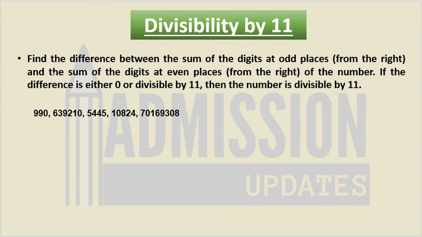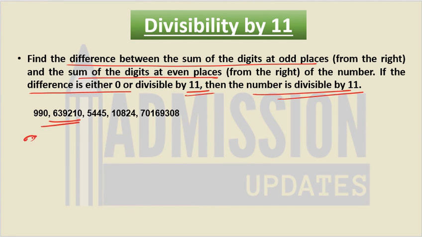Here, first we have to find the difference between the sum of digits at the odd places and the sum of digits at the even places of a number. If the difference is 0 or divisible by 11, then the number must be divisible by 11. For example, let us check this one.